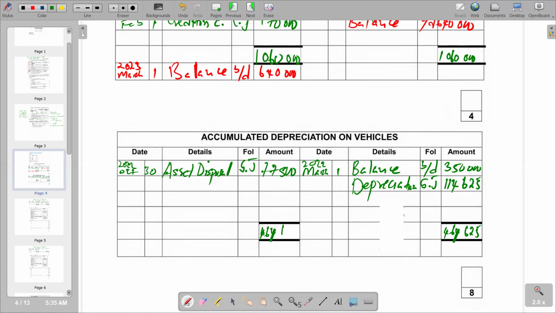And then obviously we are going to have our balance CD by saying 464,625 minus 77,500. Then we get the balance CD here, which is 387,125.